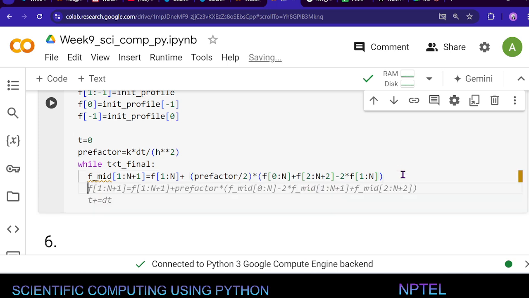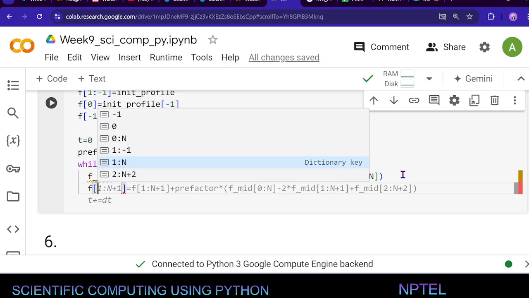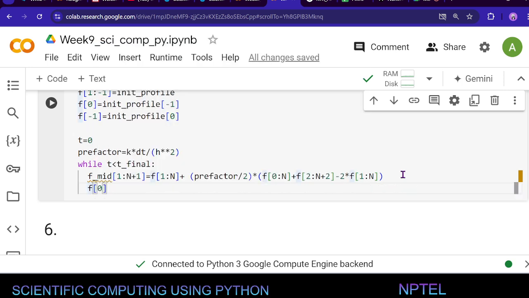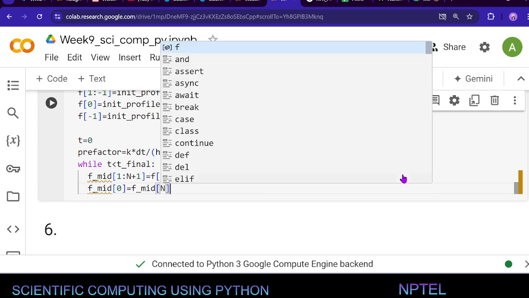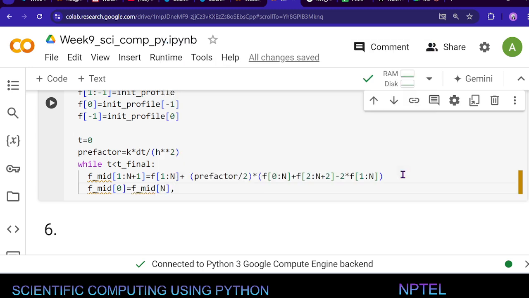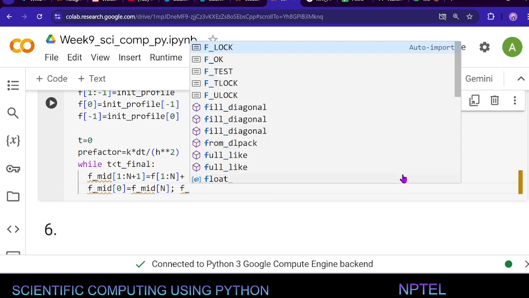and we have to write one thing, which is what happens at the boundary, which is important, right? So f mid of 0 is equal to f mid at n, and f mid at n plus 1 is going to be f mid of 1.